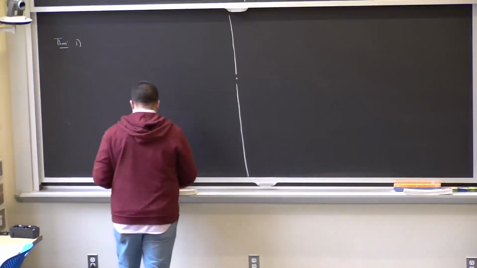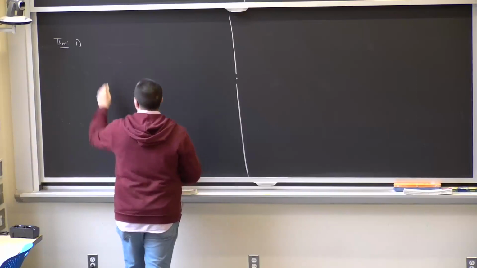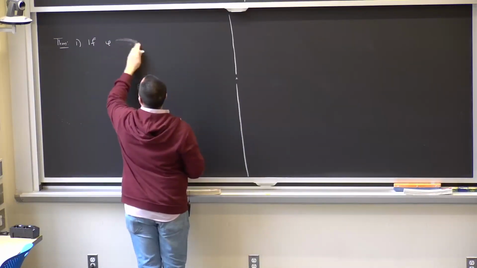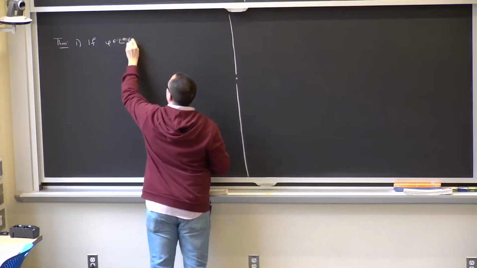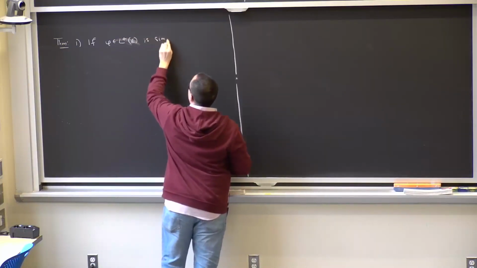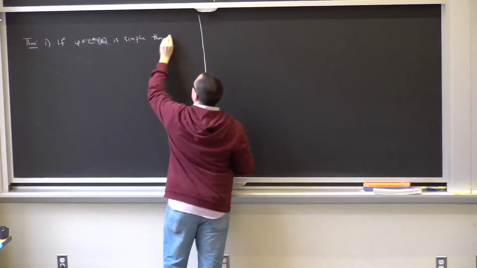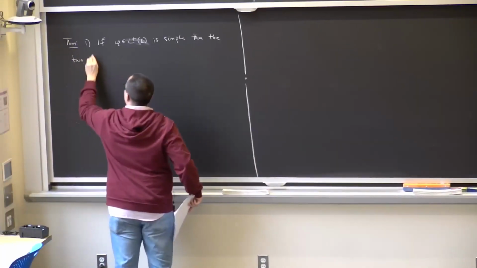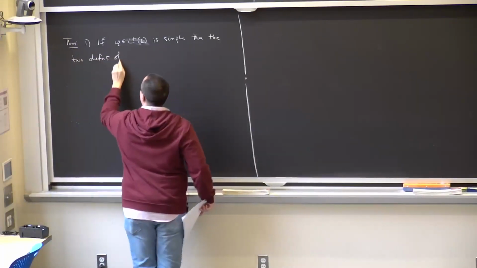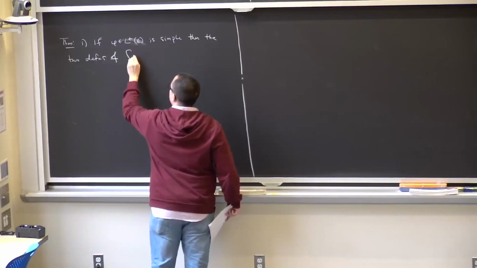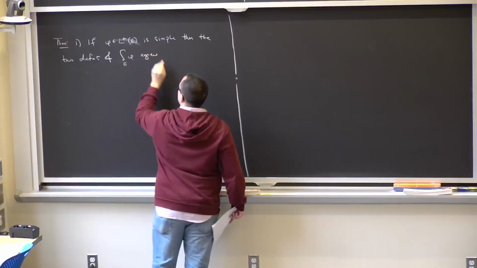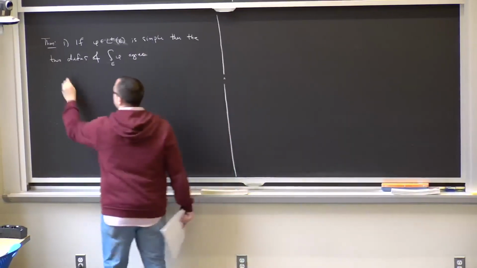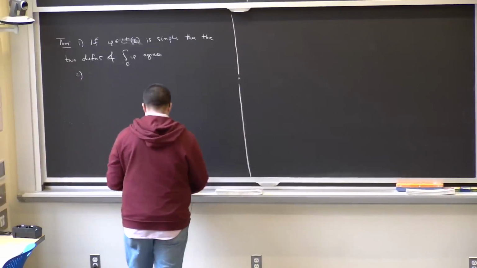And it'll be an exercise in the assignment, so it's the following. 1: If phi is simple, then the two definitions of the integral of phi agree. Okay? And so I'll say exactly what I mean in just a second.